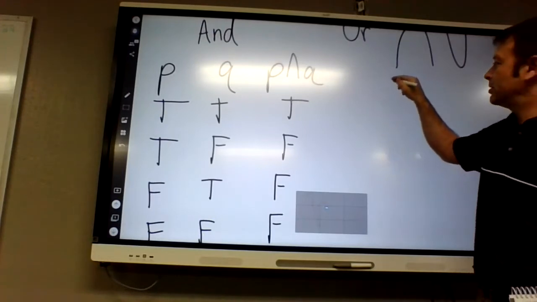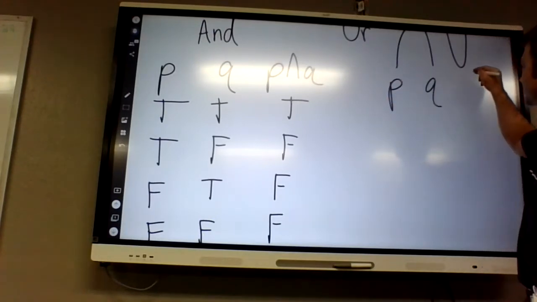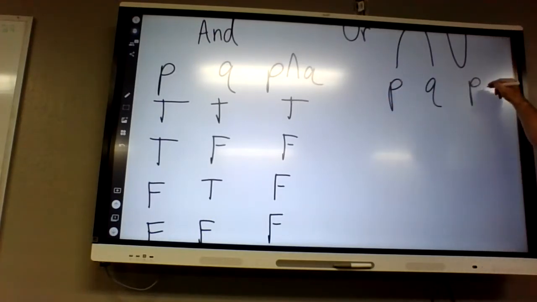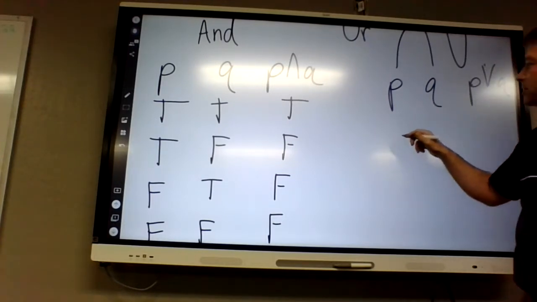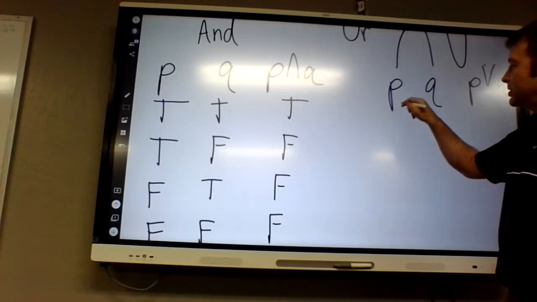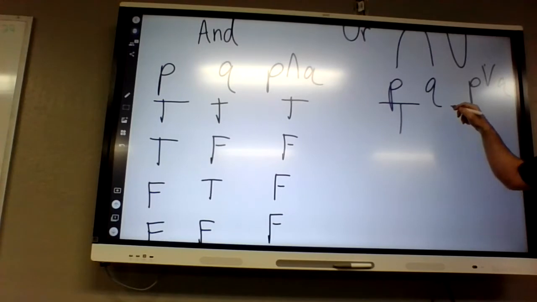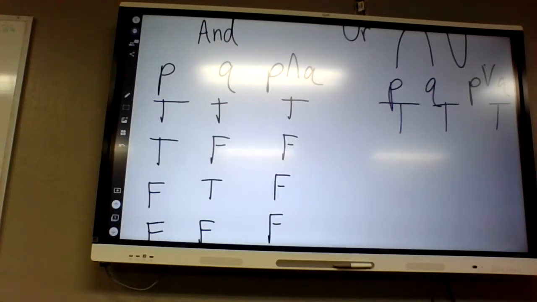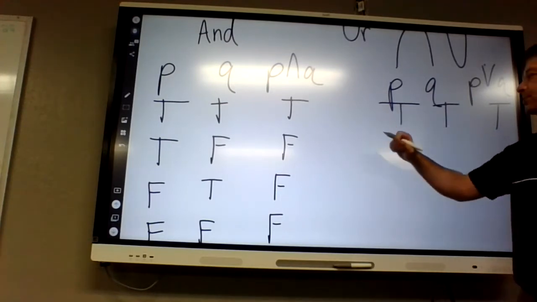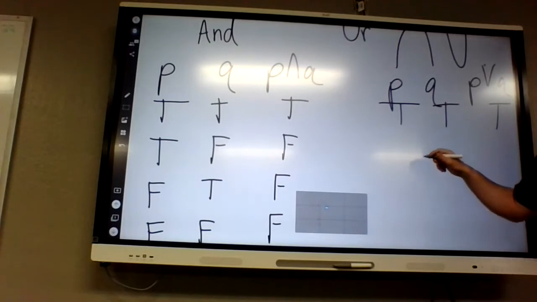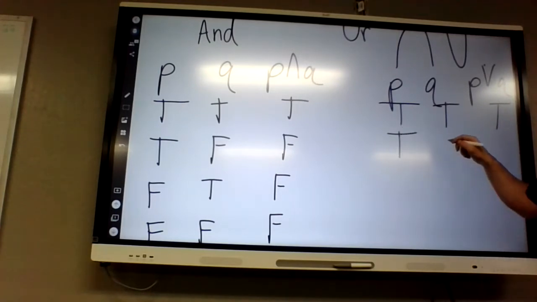What if I do or? Let's do the same little table here. P or Q. So you guys are freshmen or you're in geometry. Is that a true statement? Yeah. We don't usually use or when they're both true, but by a logic statement, they're both true. So it's true. You guys are freshmen, true, or you're in algebra, false.